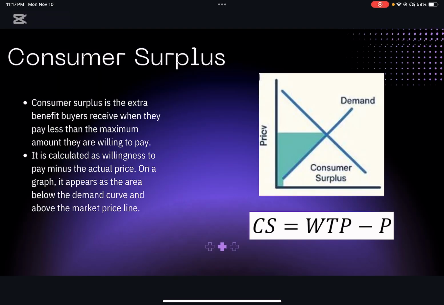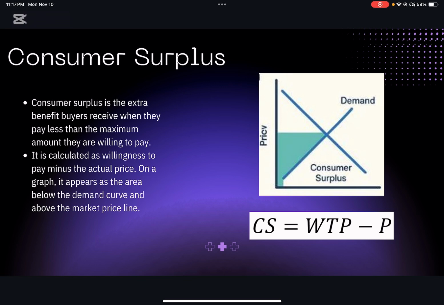Consumer surplus. Consumer surplus tells us how much consumers gain in satisfaction from a purchase. For example, let's say we personally think we are willing to pay a certain amount for something we really want, like a concert ticket or a video game or a pair of shoes. Its actual price turns out to be lower than what we were ready to pay.